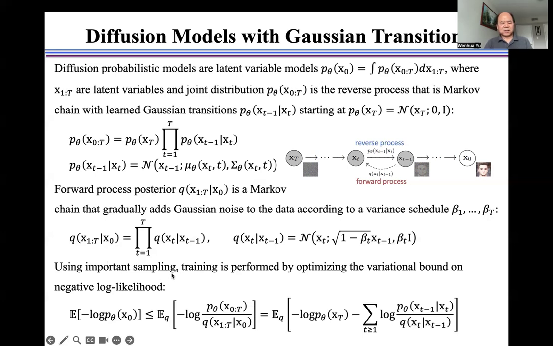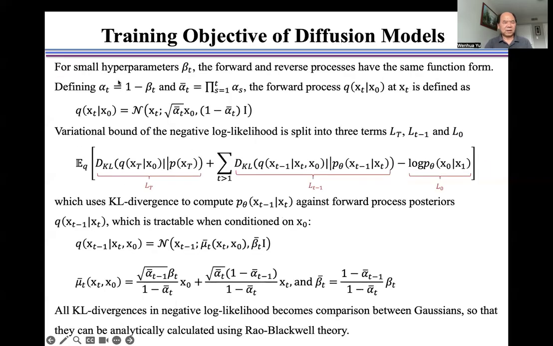Using importance sampling, training is performed by optimizing the variational bound on negative log likelihood, as shown here.